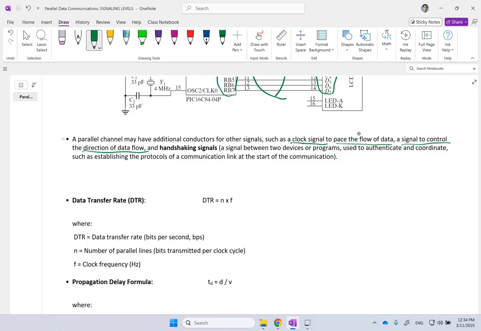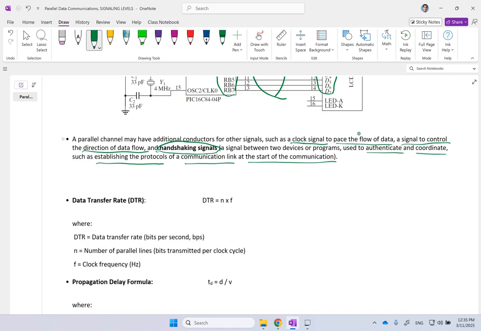Another one is a terminology called handshaking signals. This is an interesting one, and I wanted to explain it. Handshaking is when two devices or programs communicate and use these signals to authenticate and coordinate, for instance, the protocols they use for communication.